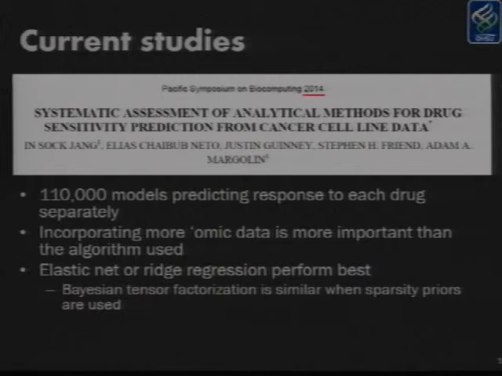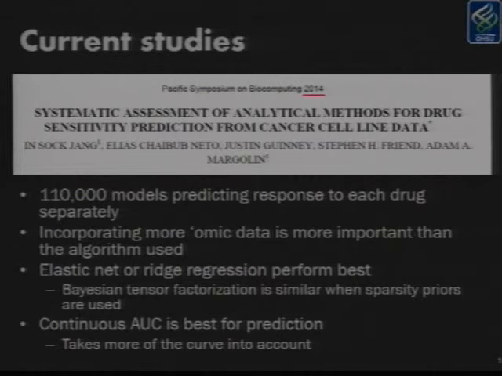Our method, the Bayesian Tensor Factorization, with a Bayesian prior on some of the matrices in the factorization, will be somewhat similar. Also, they found that the continuous area under the curve measure was the best for prediction. They hypothesized that it's the best because it takes the full curve into account in some way, which again indicates that what we're doing, predicting the full curve all at once, is a good idea.